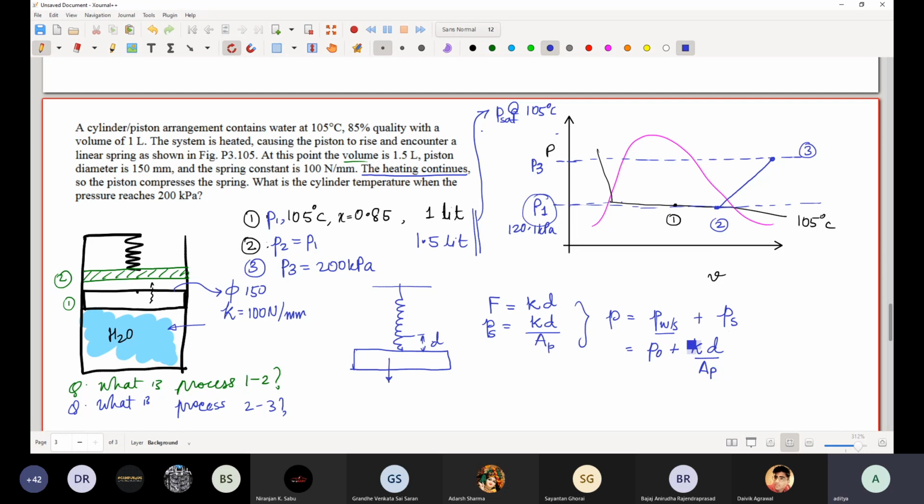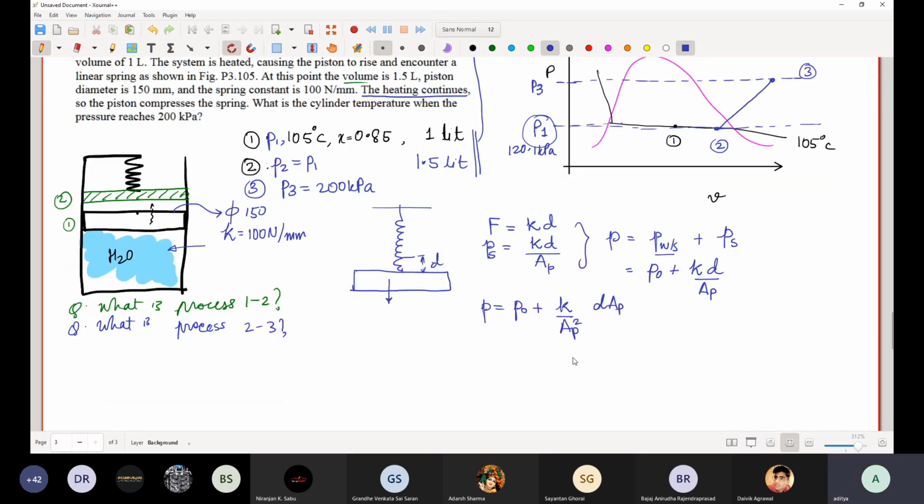Very good. So now how do we make sense of this? Let me rearrange. P is equal to P naught plus Kd times area of piston over area of piston squared. I can easily do this.